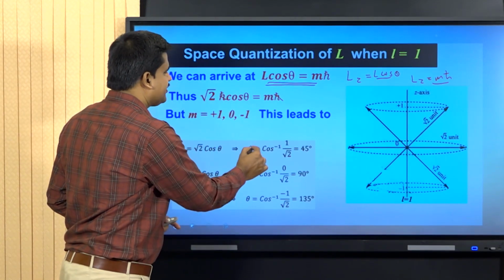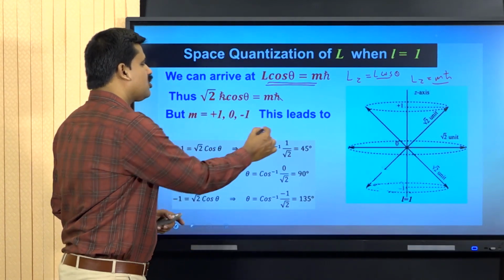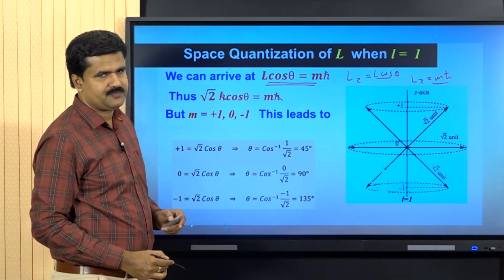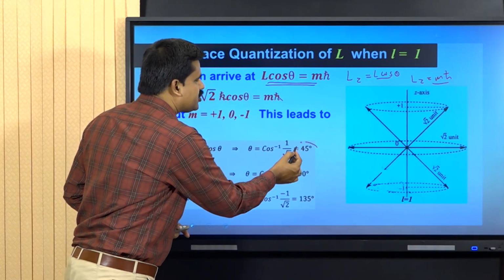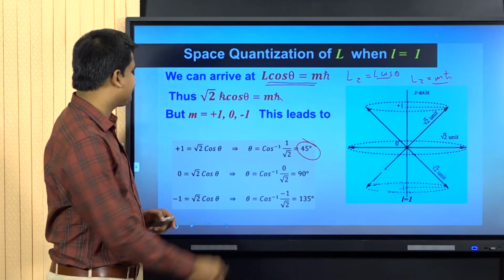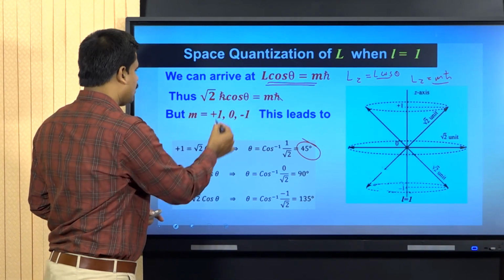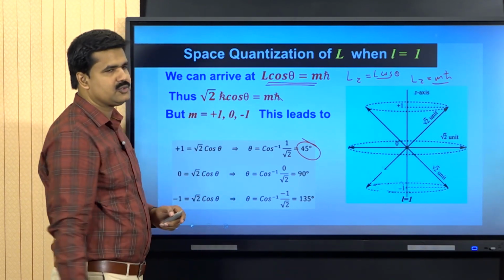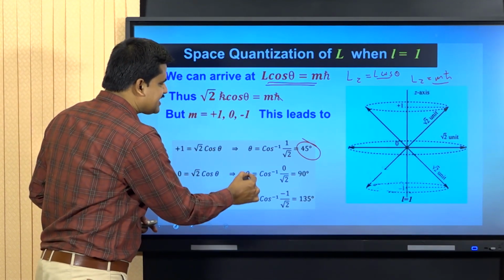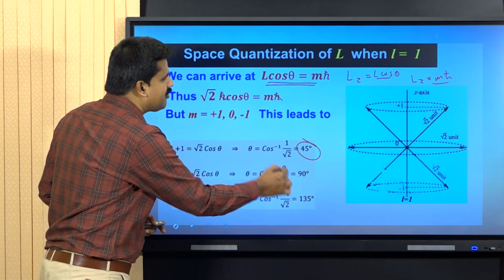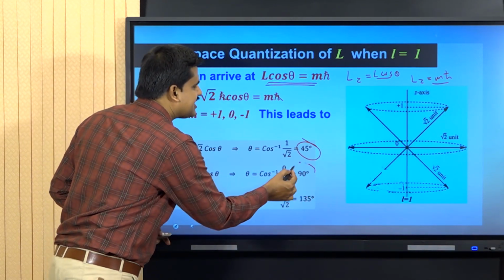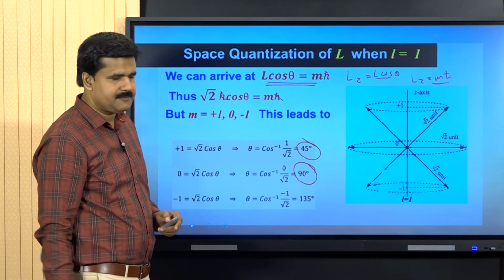That implies theta is equal to cos inverse 1 by root 2, which is equal to 45 degree. Now I am putting the second value for m, that is 0. 0 is equal to root 2 cos theta. That implies theta equal to cos inverse 0 by root 2, and this is the next angle, that is 90 degree.